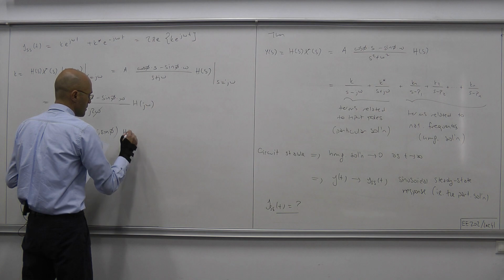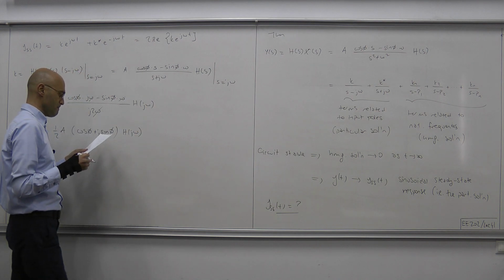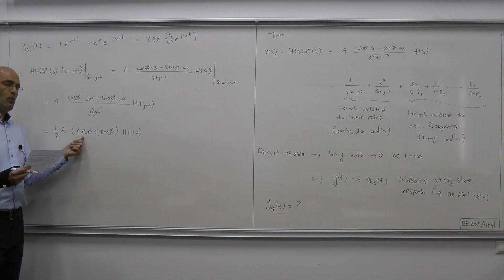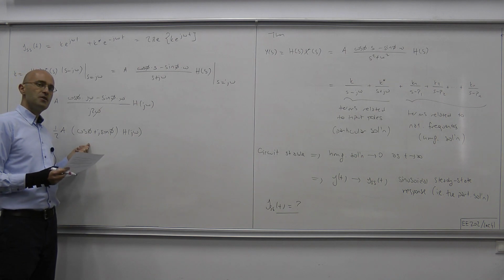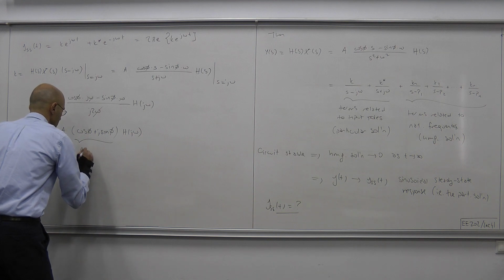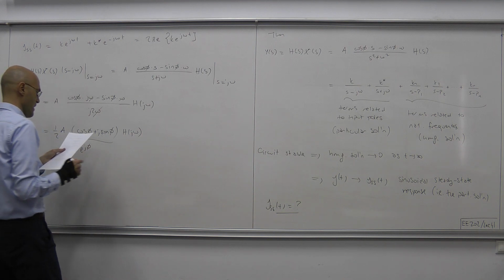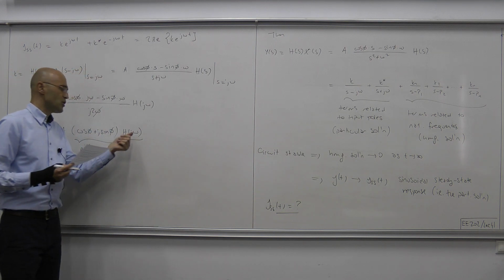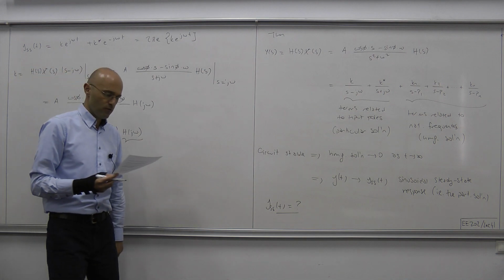times H(j omega). Okay, now from Euler's identity we know that this is e to the j phi. Okay, so let's write it in that way, e to the j phi, and let's express H(j omega) in polar form.